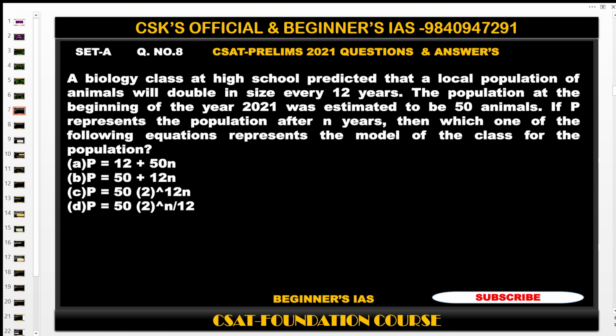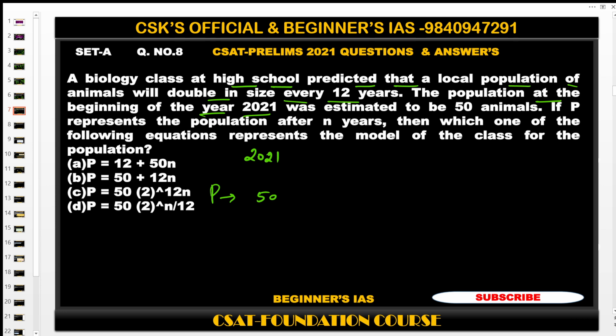A biology class at high school predicted that the local population of animal will double in size every 12 years. Every 12 years it will double. The population at the beginning of 2021 is 50.